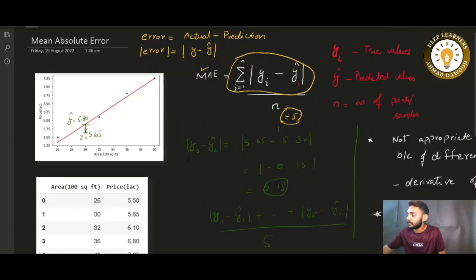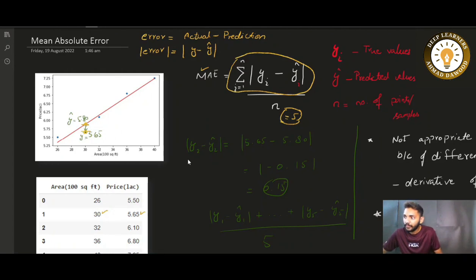So here, let's say we have this one. This is our original actual value against the area of 30 square feet: we have 5.65. But our prediction is 5.8. The difference between the prediction and our actual value is minus 0.15.